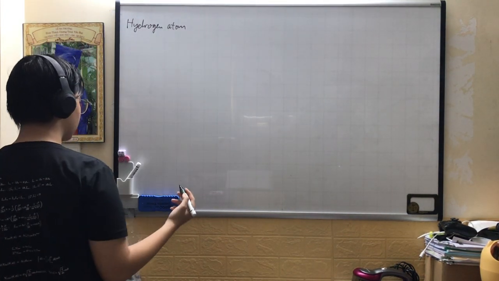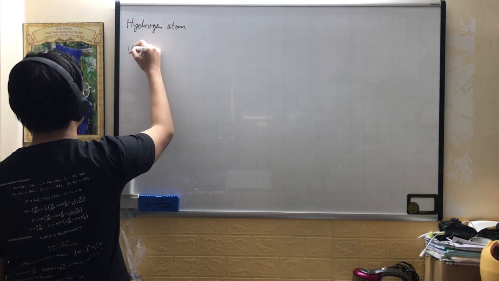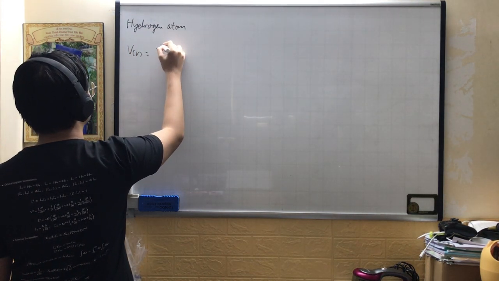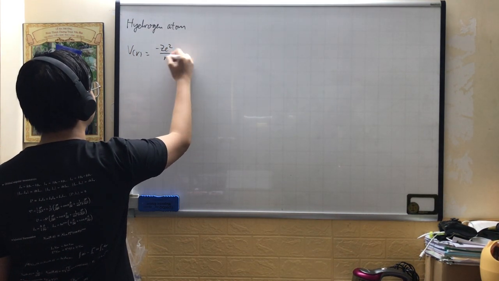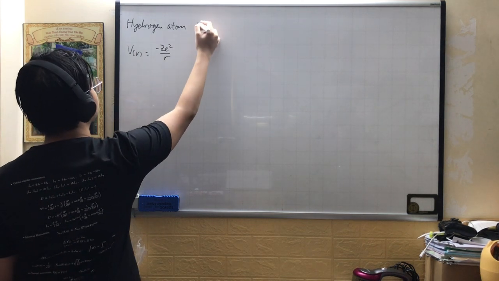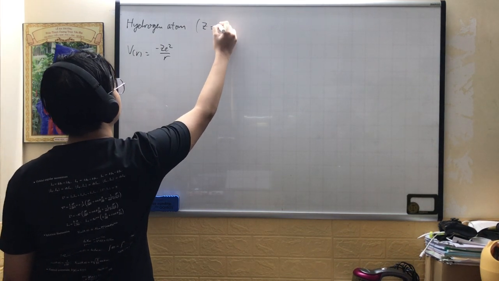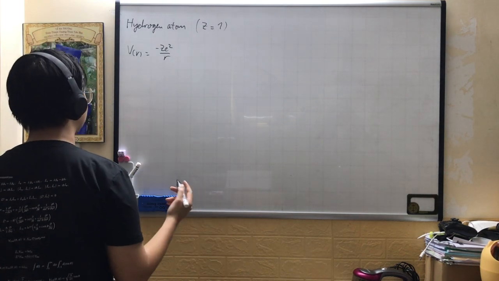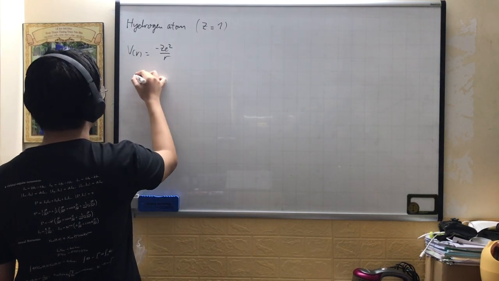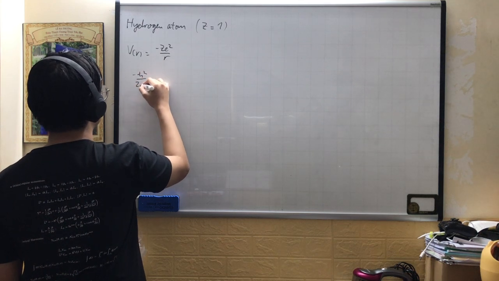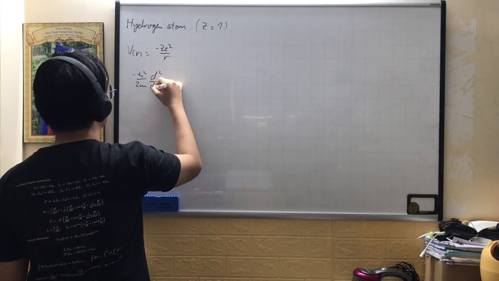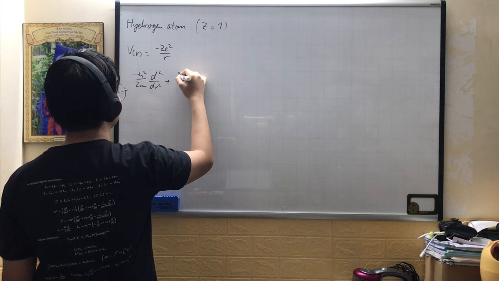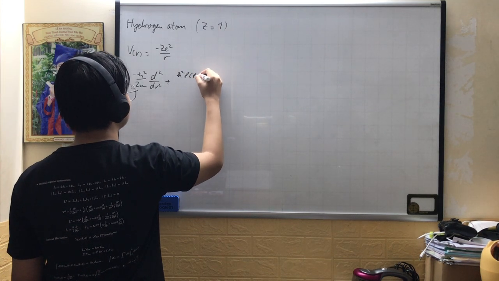This would be a radial equation, and our V of r I would take as minus Ze squared over r, and Z for the hydrogen atom is 1, but I will just write Ze squared over r. Okay, so write out your Schrödinger equation.